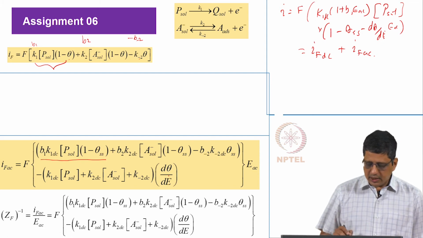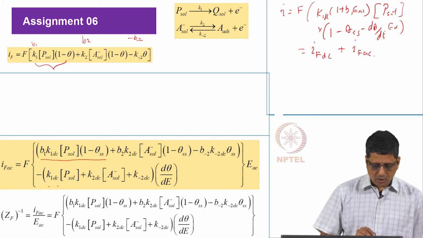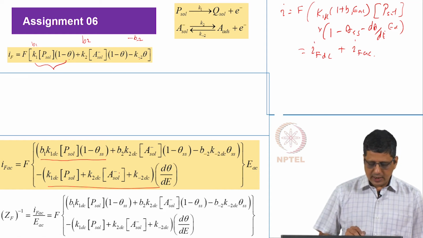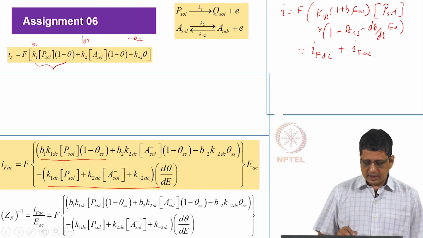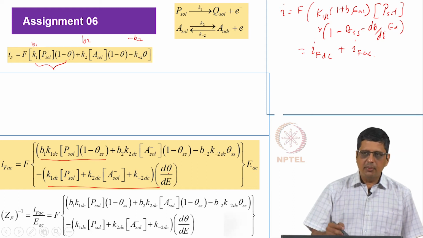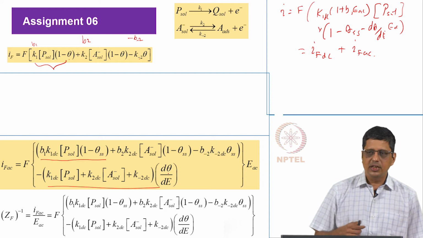The terms with d theta by dE are grouped, and you are going to get K1 DC P solution plus K2 DC A minus solution plus K minus 2 DC, and for d theta by dE we have to substitute from the equation that we derived before.